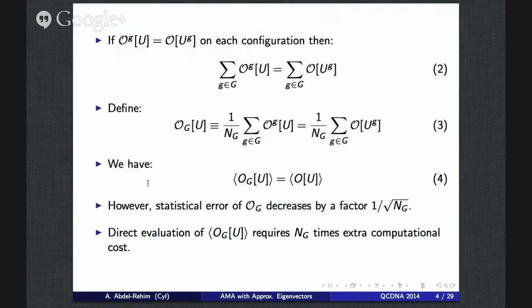So now, if this expectation value on the original gauge is the same as the expectation value on the transformed gauge, configuration by configuration, then trivially we can perform the sum over all possible transformations. In my own understanding, if I shift the source and calculate the correlation function, or keep the source location and shift the gauge configuration in the opposite direction, we should end up with the same number, identically, on each configuration.